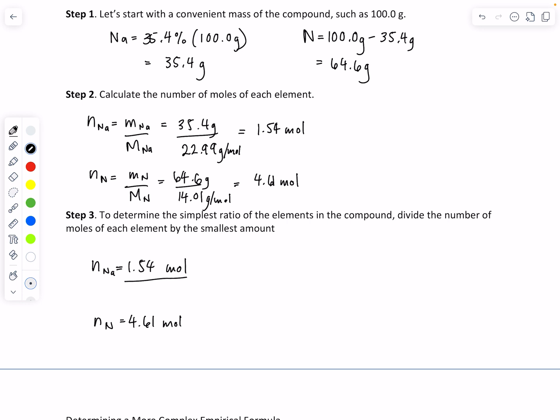The smallest amount is the amount of sodium, which is 1.54 moles. We divide both of those amounts by 1.54. So we get the mole ratio of sodium to nitrogen as 1 to 2.98. This is showing a mole ratio of 1 to 3.